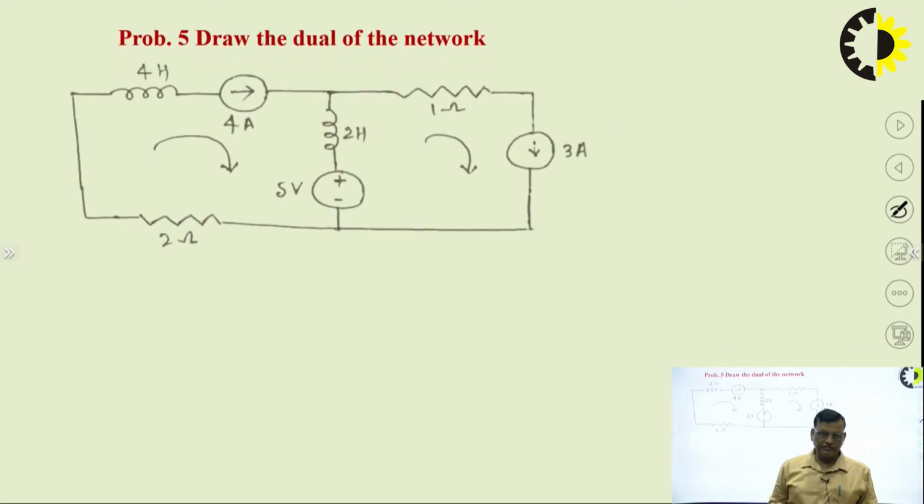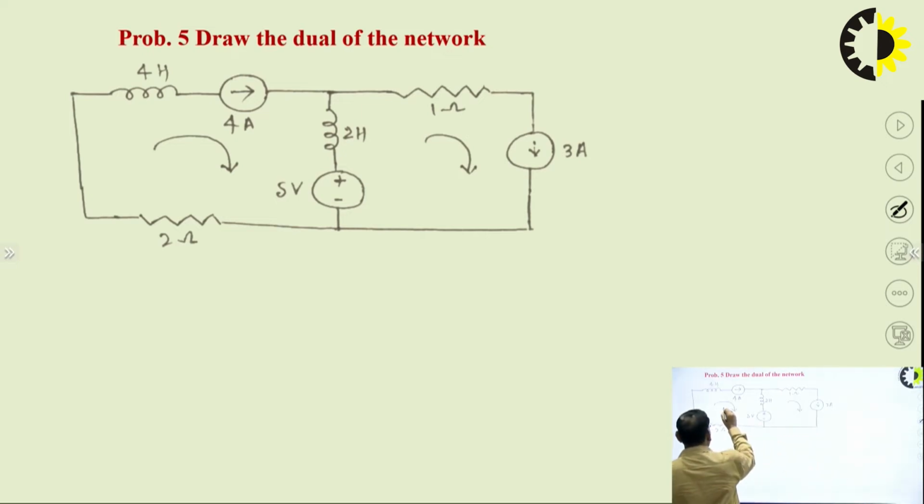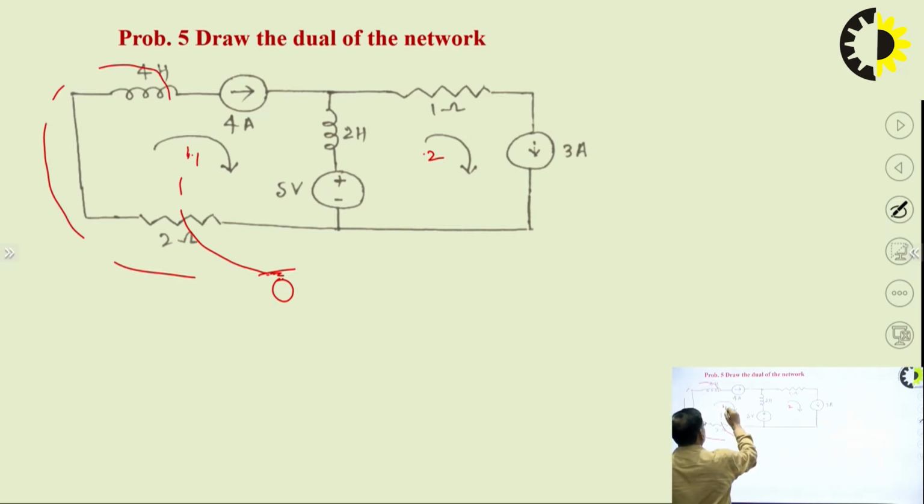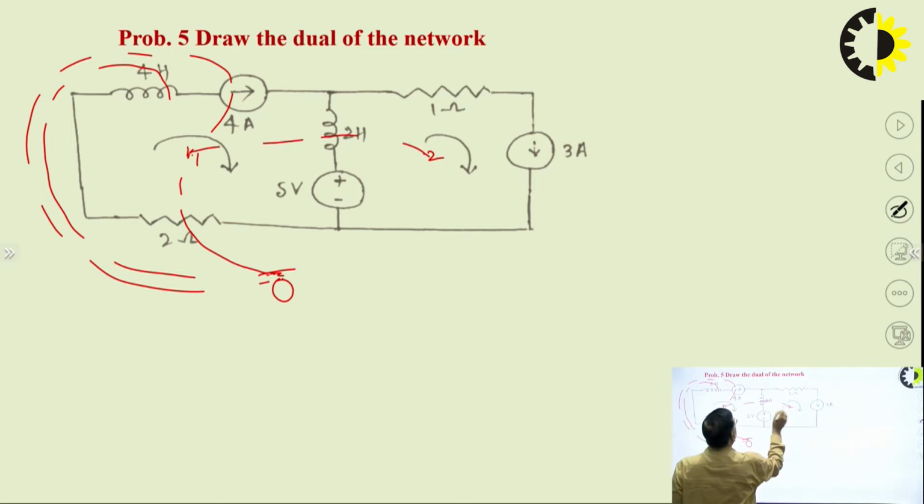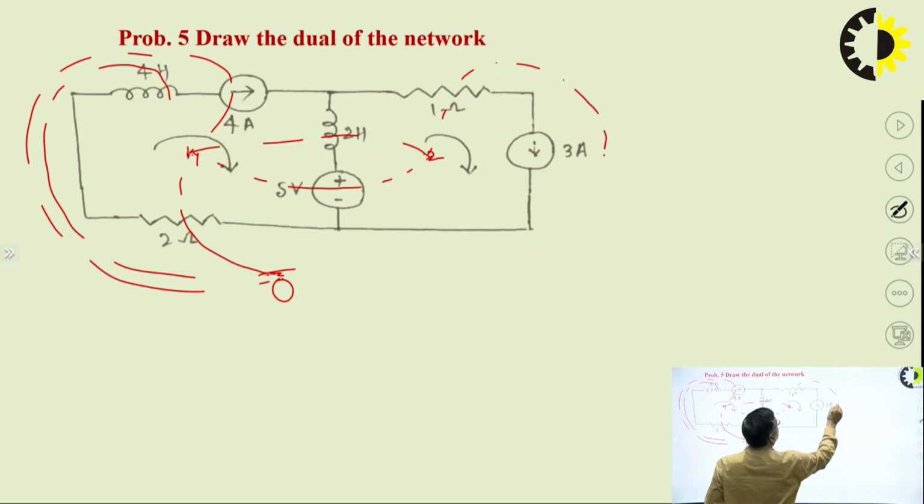Now we are moving from the simplest to simpler than the complex one. Here we can see that again there are 2 independent loops, so 2 meshes, mesh 1 and mesh 2. Take the reference node, traverse one element at a time, this way, then this way, then this way, then this way.